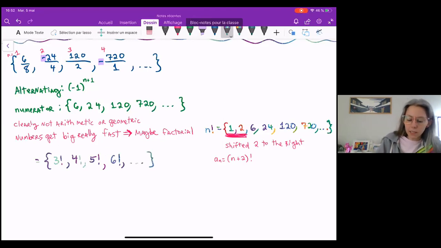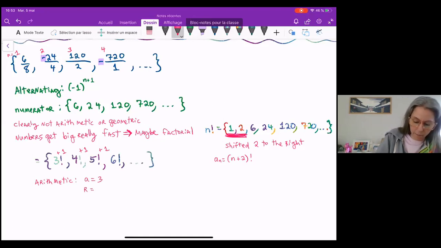So what we can see is when we look at 3, 4, 5, 6, to get from one number to the next, I'm just adding 1. So I can think about that without the factorial signs as an arithmetic sequence where my A is equal to 3 and my D, my common difference, is equal to 1.